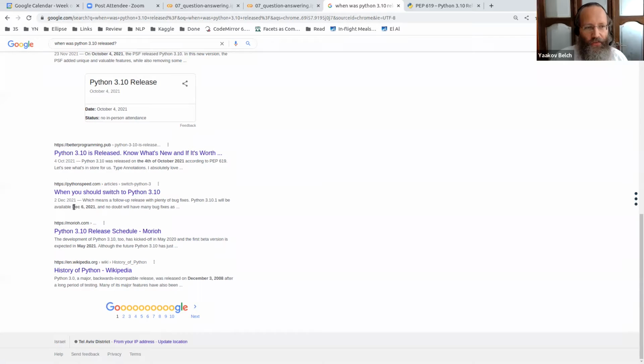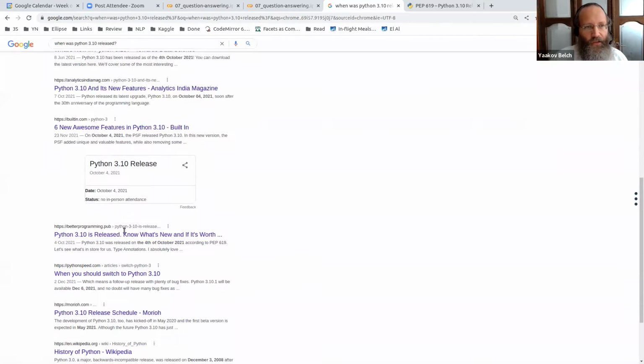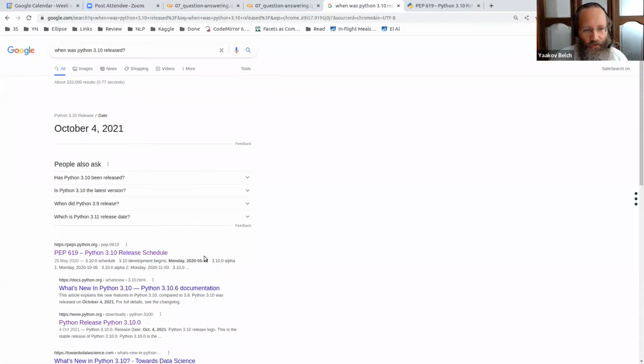For instance, over here, this is a different number, and this is actually an answer to a different question. The question over here is, when will Python 3.10.1 be available? Here also the first answer is not the right answer. It answers a different question.